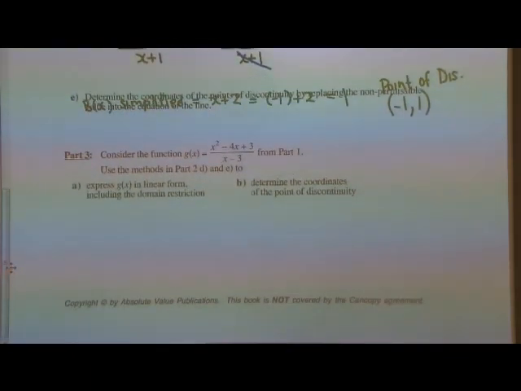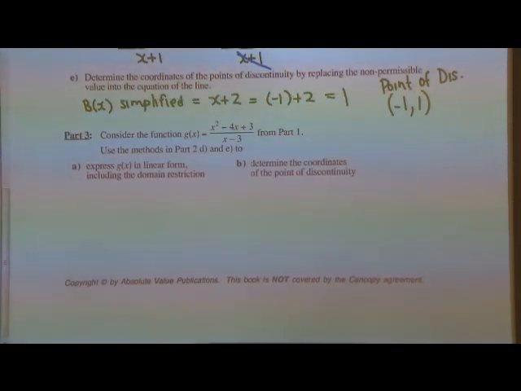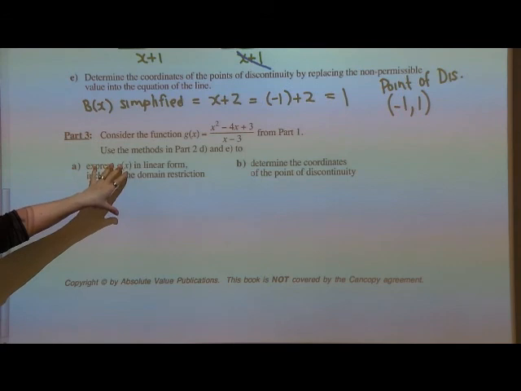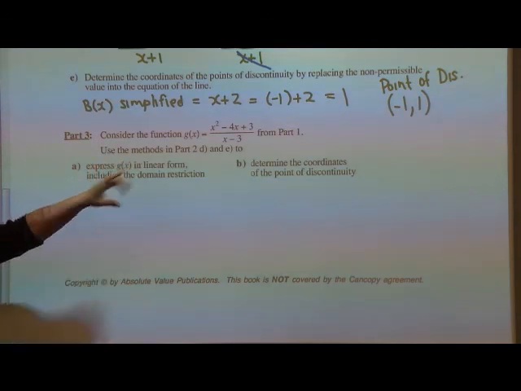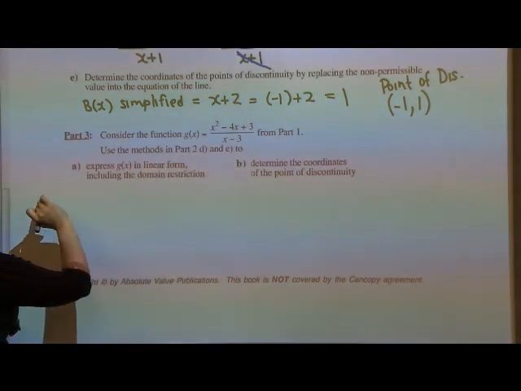So if we have the function g of x equals x squared minus 4x plus 3 over x minus 3, this is from part 1. If we were to factor this and simplify this, we could then find the point of discontinuity. So two numbers that multiply to 3 and add to negative 4.